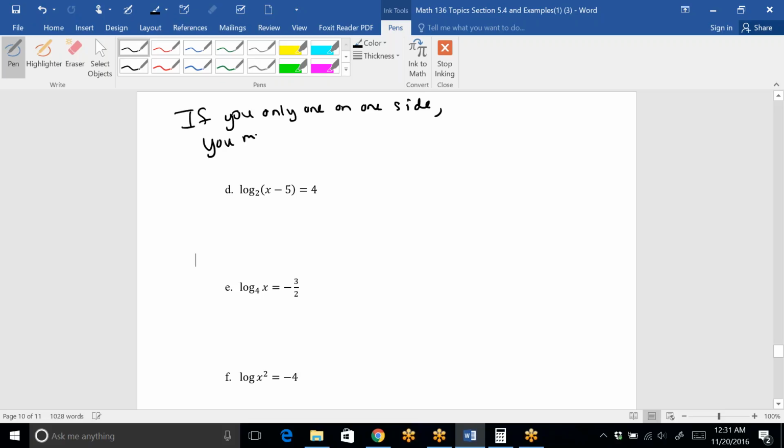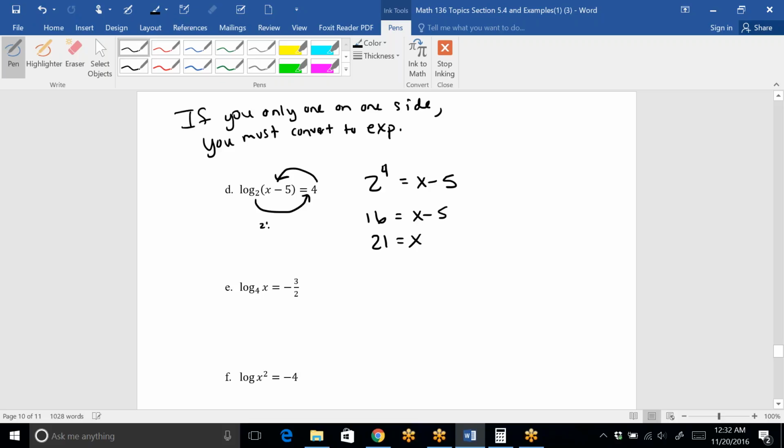You must convert to exponential. So 2 to the 4th equals this. So that would be 16 equals x minus 5. Add the 5 over. We think that x is 21. 21 minus 5 is definitely greater than 0. So we're good there. Let's look at the next one.